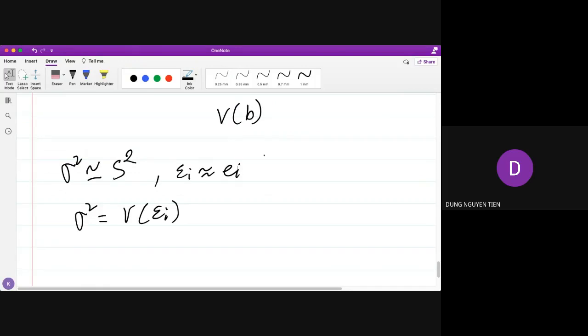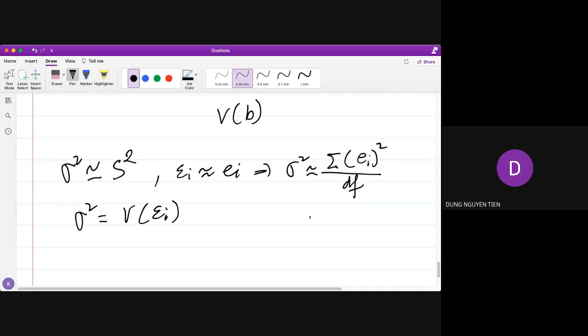Okay, so you can use EI to approximate epsilon I, and therefore, if you want to approximate sigma square, you should think of the average value of the EI square, because the variance is the sum of the squares of the deviations, right? So it is the sum of the square of the deviation, which is EI, and you divide that one by the degree of freedom.